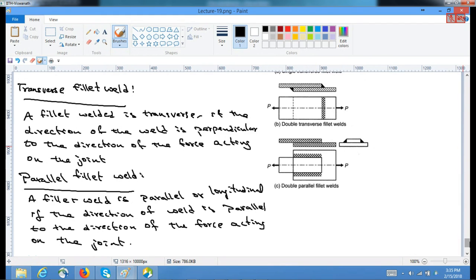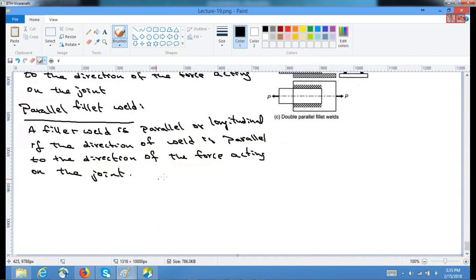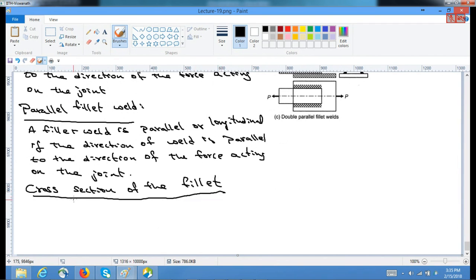Further, there are two types of cross sections. One is triangular, an isosceles triangle, and the other one is convex shape.